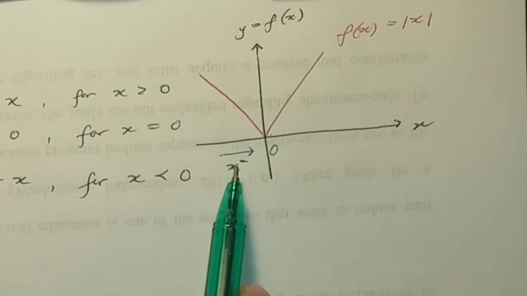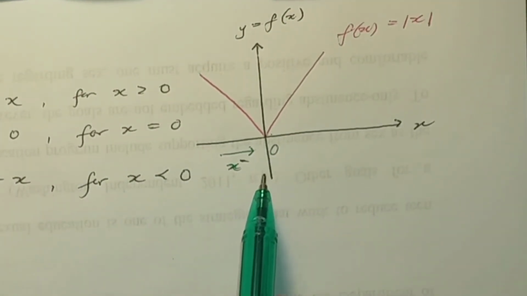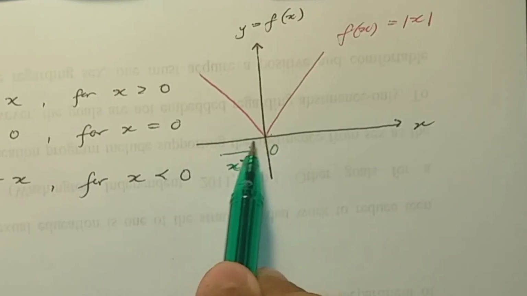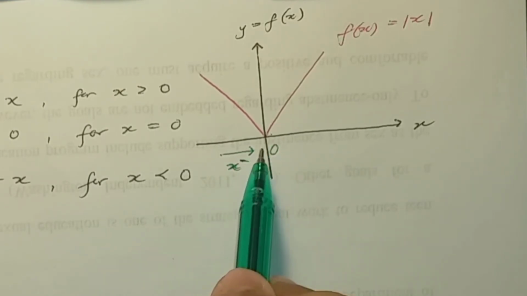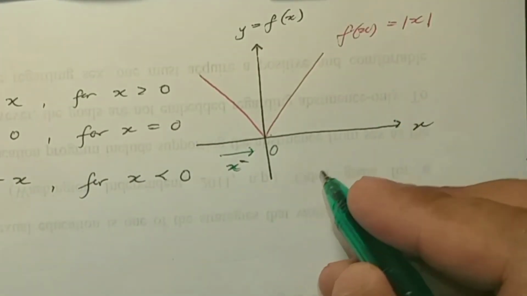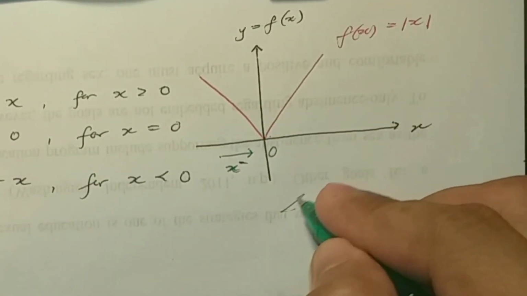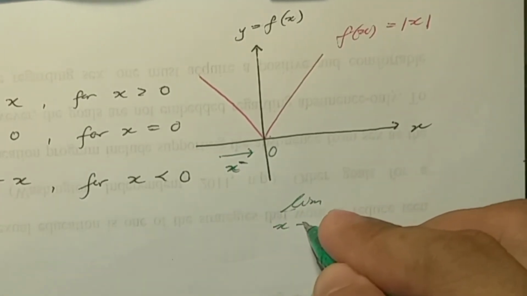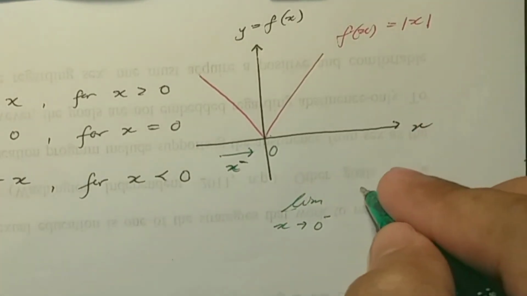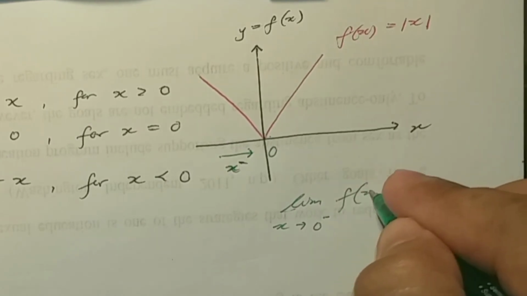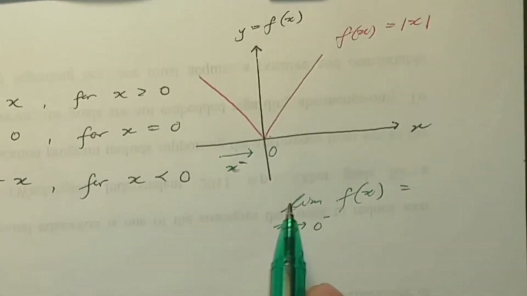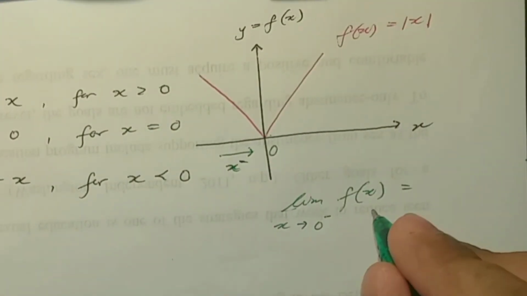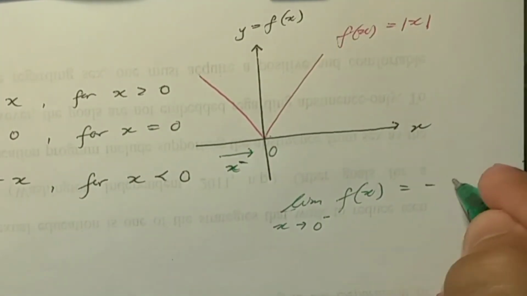If we take values of x coming from the left of 0, we write it as the limit as x approaches 0 minus of f of x. All values are negative, so we have minus x.